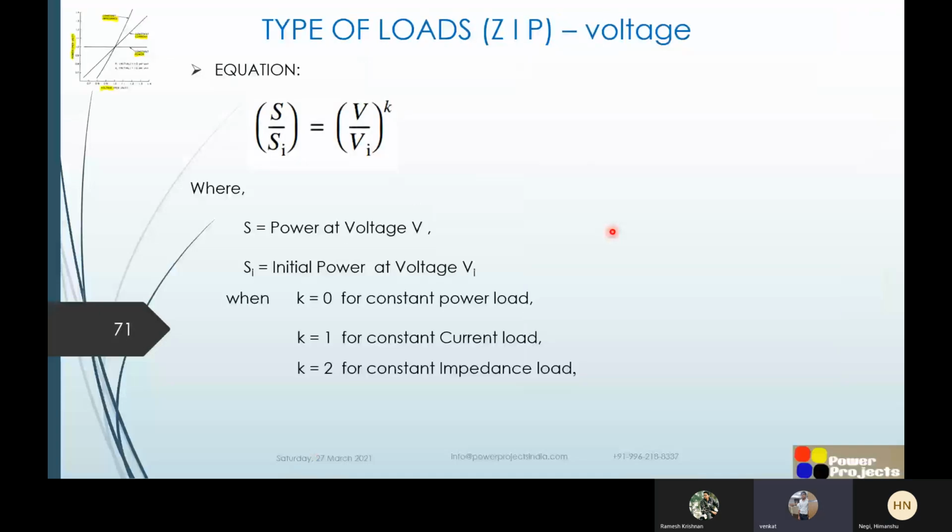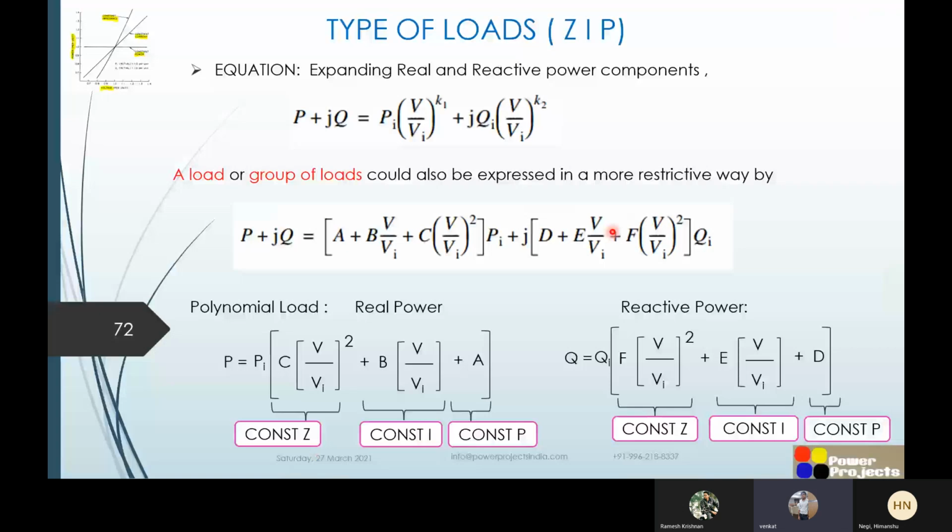Then the equation which I want to show you is this general equation. Can you see down? This is the polynomial load equation. This is the equation they used for the real power. This is the equation which you have to remember.